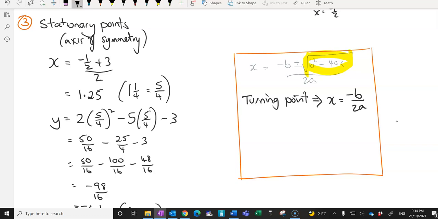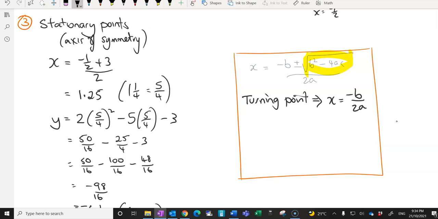Again, repeating, when the discriminant is equal to 0, then we only have one root, and in order to draw a parabola, the only place that one root can be is the turning point. So therefore, there's a little formula to calculate the turning point.